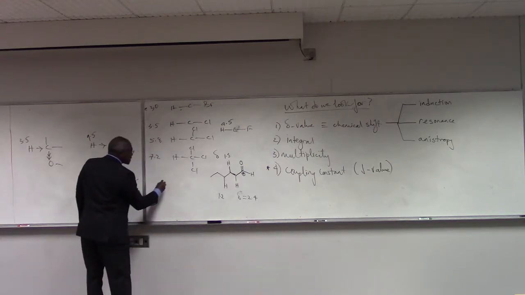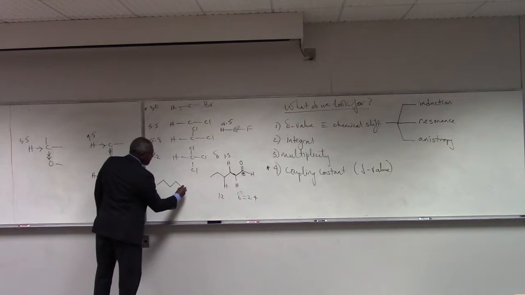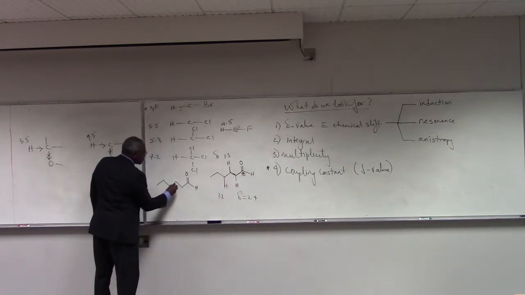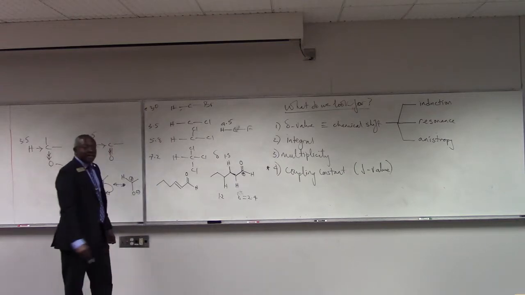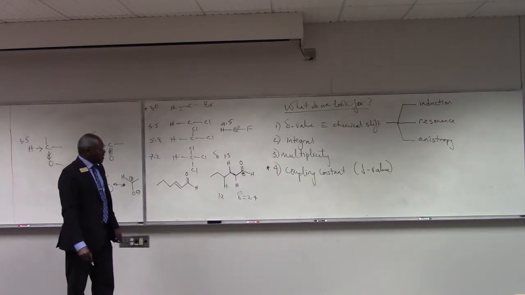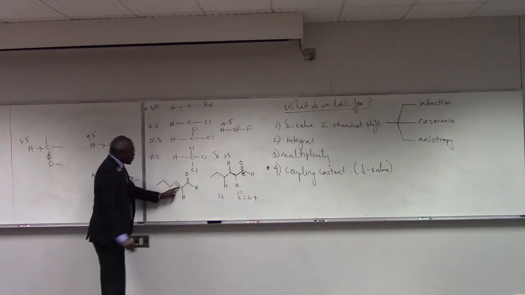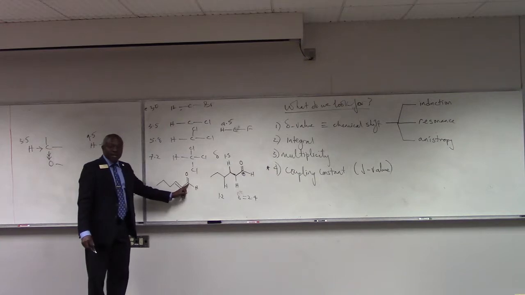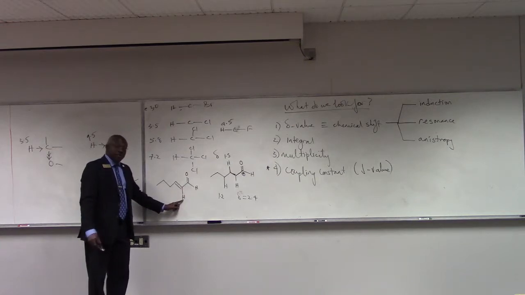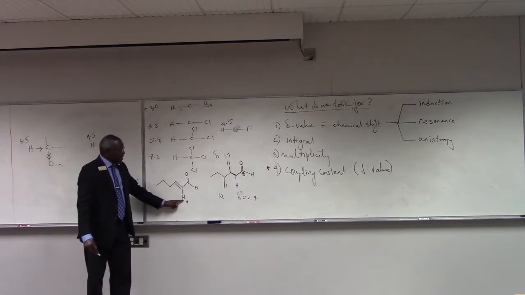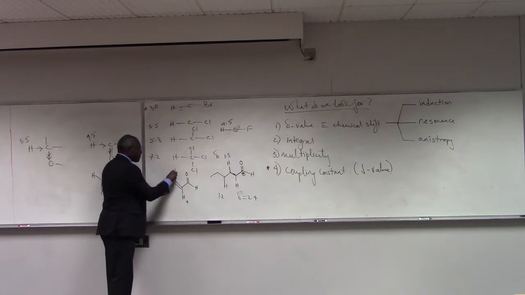But if I look at this compound, I make this compound the alkene, my expectation would be, well, certainly the H which is more proximal to the carbonyl, let's call it HA, I'd expect that to have a larger delta value than HB, right?